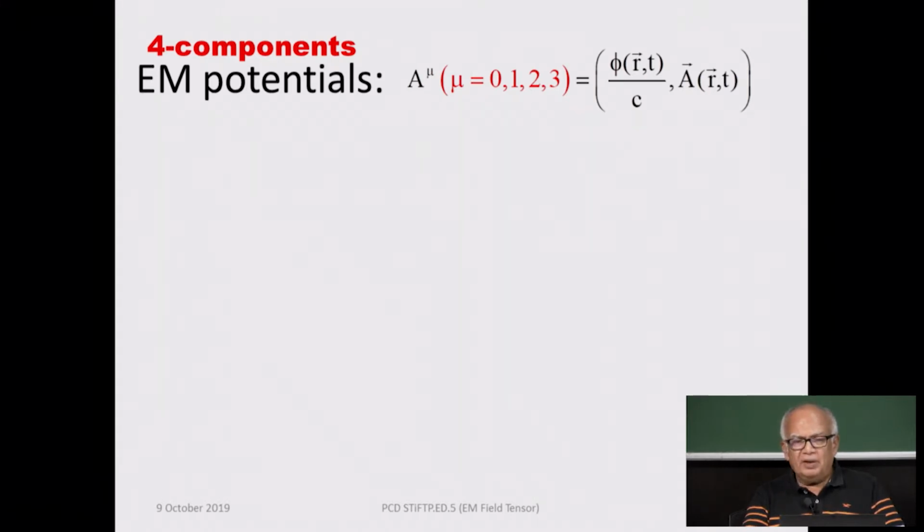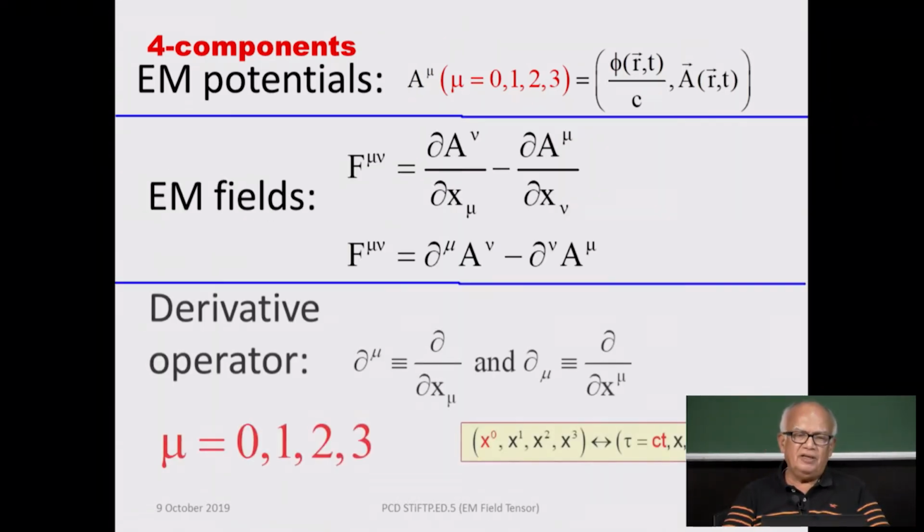So, you have how many scalars? 3 components of A and phi, which is 4 components, and you represent this in terms of these 4 components A mu, with mu going from 0, 1, 2 and 3. So, this is the representation of the electromagnetic potential, which offers itself as a natural candidate for analysis in this space-time continuum, right.